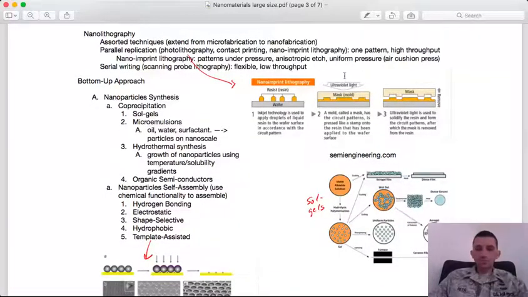So you have ultraviolet light shining through the mold and hardening all the photoresist, but it's been molded into different thicknesses in different regions by that mold. And then after it cures, you can release the mold, and now you have a pattern of photoresist that matches the shape of the mold, right?